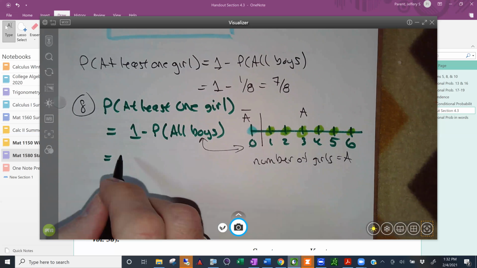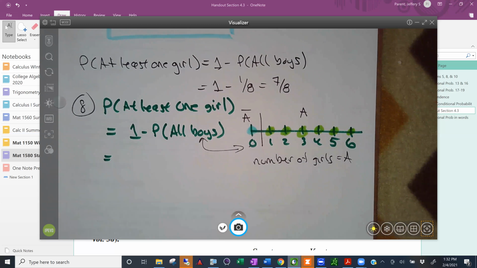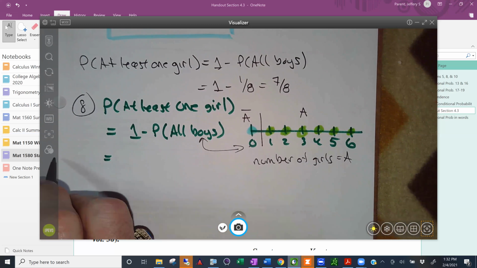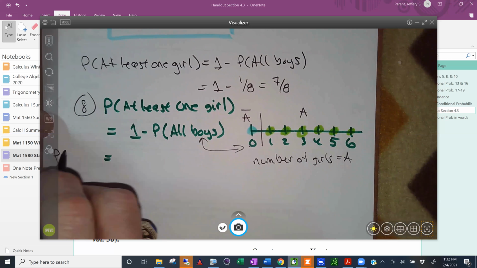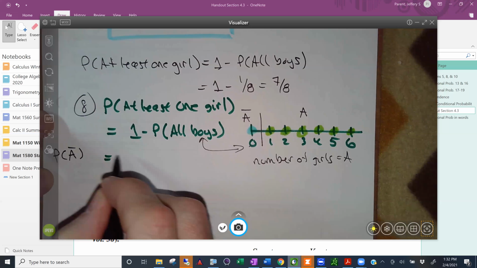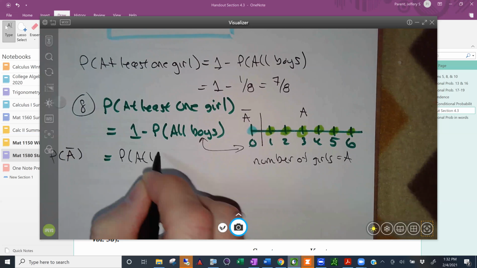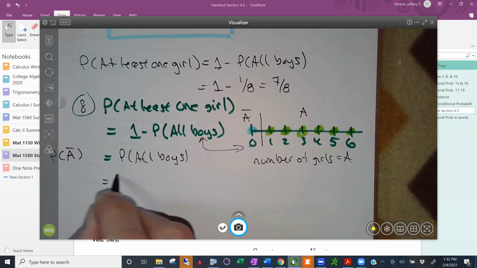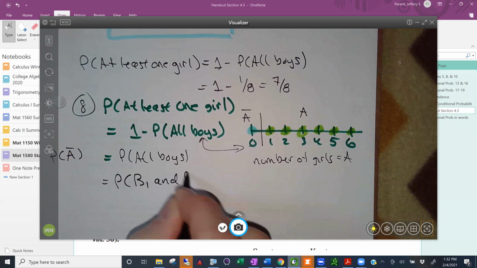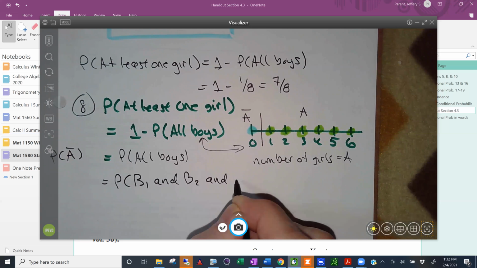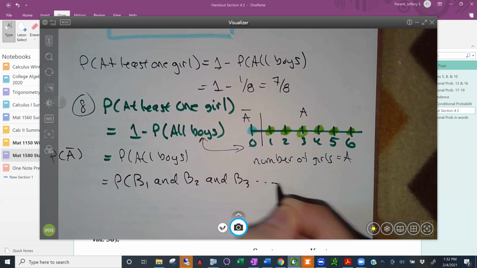Let's calculate the probability of all boys. So probability of A bar, probability of all boys. That means a boy on the first one and a boy on the second one and on the third, all the way down to the 6th.